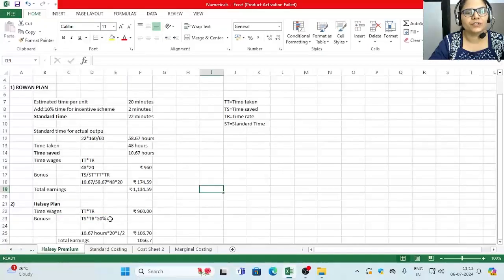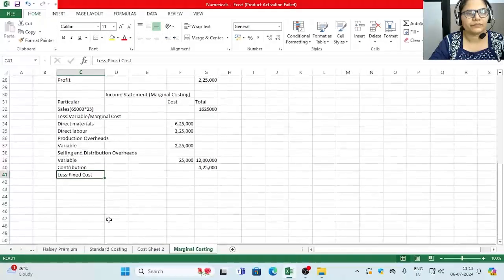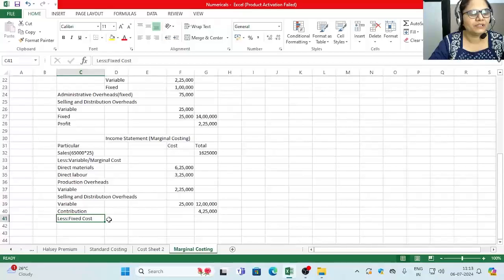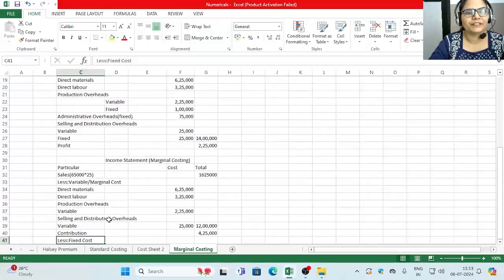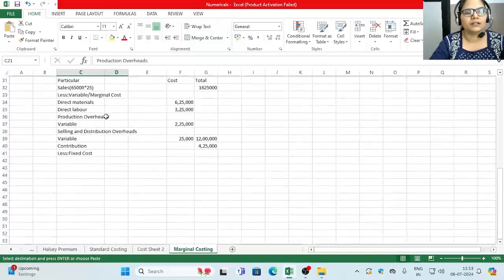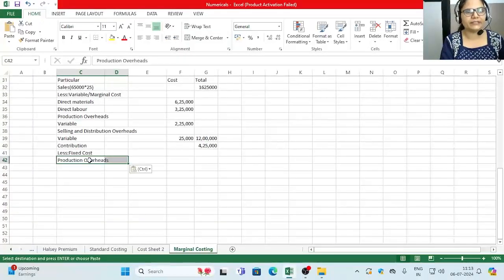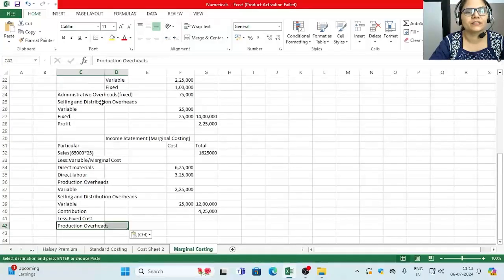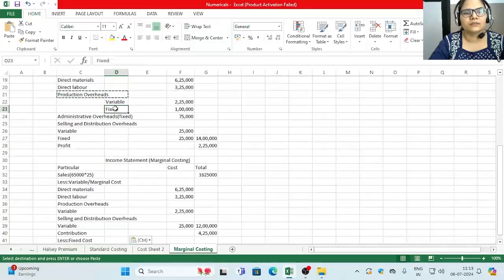Fixed cost, we all know. We will write down all fixed costs under production overheads, under selling and distribution overheads, under administrative overheads, fixed.